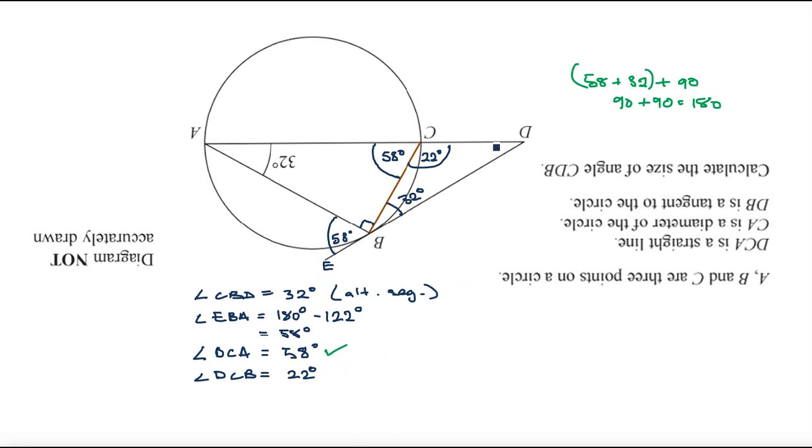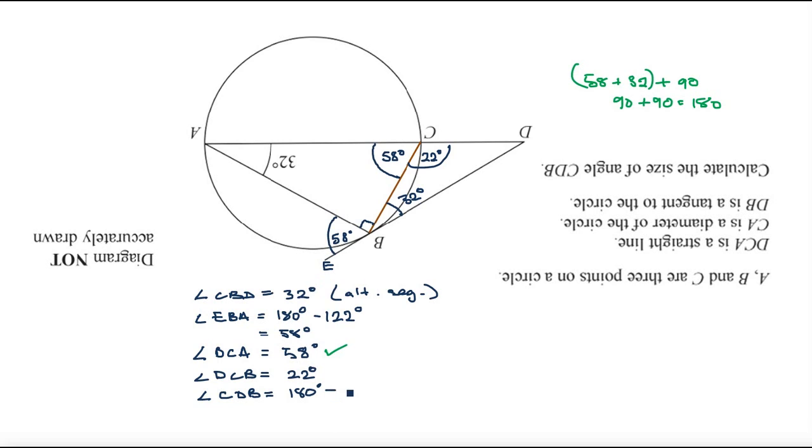We now need to just use the triangle sum theorem. So we say that angle BDC, which is what we're trying to find. Okay, they call it CDB, so we'll call it CDB as well. CDB is going to be 180 minus the other two angles.